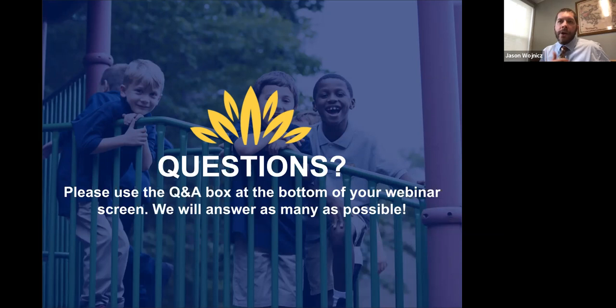As a parent requests an evaluation, it starts as a multi-factored evaluation. You make your request for a multi-factored evaluation, saying that I want to take a look at multiple areas that are a concern to me. Then as the assessments get completed, you move into the ETR document, the evaluation team report.